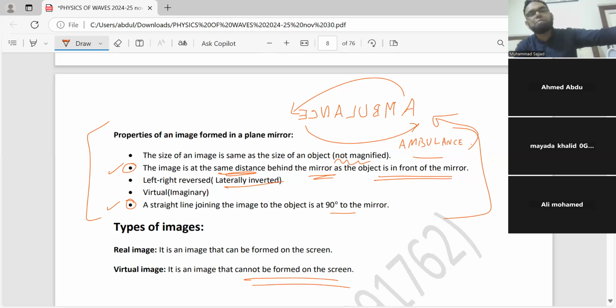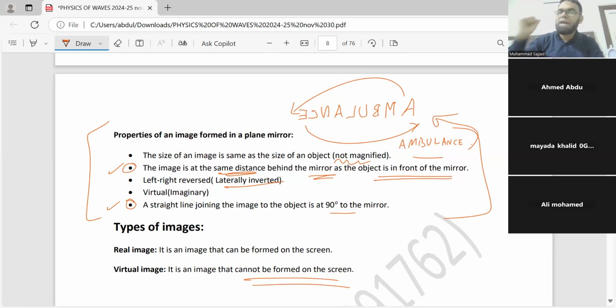So side mirrors are curved mirrors. They are not telling us the actual distance, the actual position of the image. But the mirror inside the car, that rectangular one, which is between the driving seat and the passenger seat, is a plane mirror. Big cars, SUVs have a big mirror, small cars have a small mirror, but that is a plane mirror.